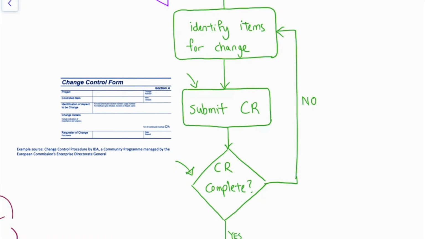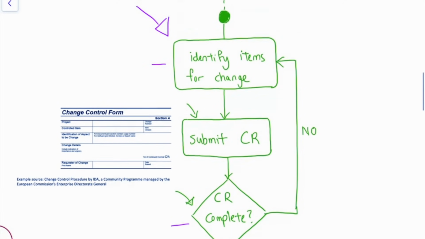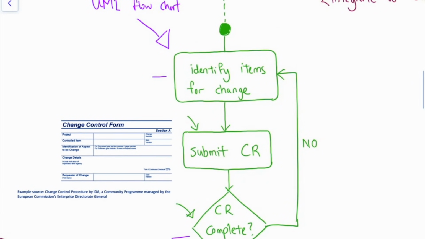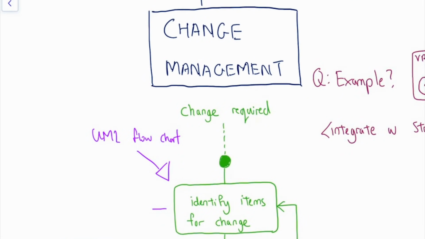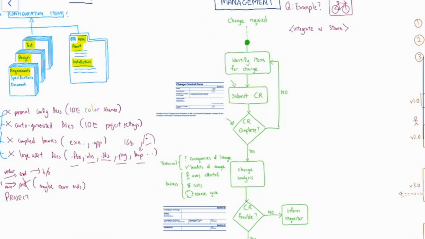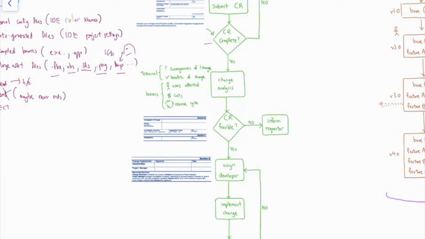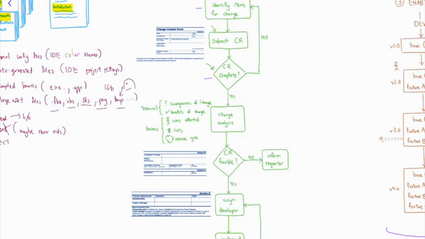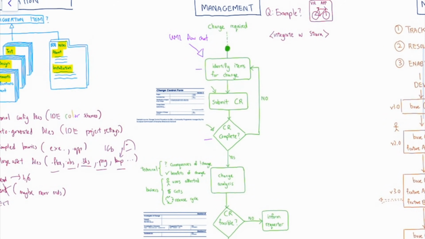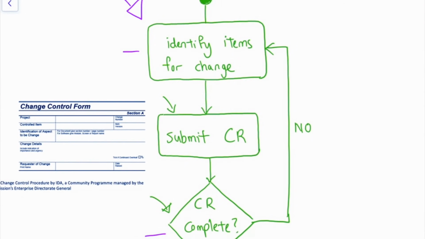But basically, there are action nodes, there are decision nodes, and so on. So what is this process of change management that we need to enforce? Note that this is just an example of a process that is typical, but it is not always the case that you have to have all these elements in place. But as an example.